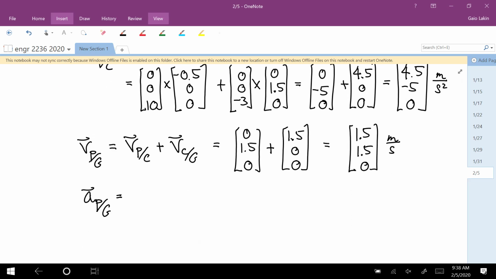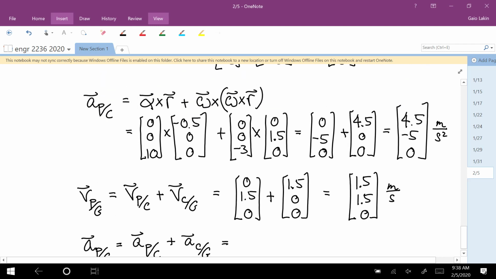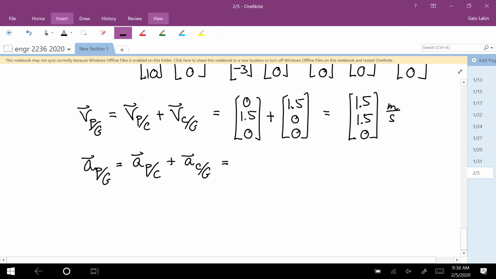So the acceleration of P relative to the ground is the acceleration of P relative to the center plus the acceleration of the center relative to the ground. Acceleration of P relative to the center is 4.5, negative 5, 0.